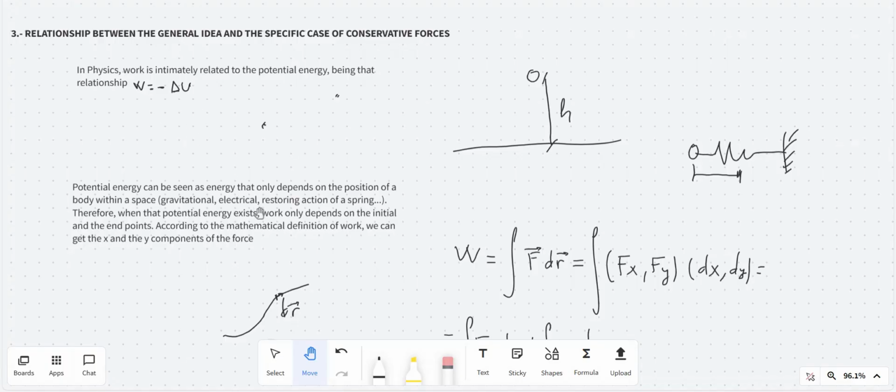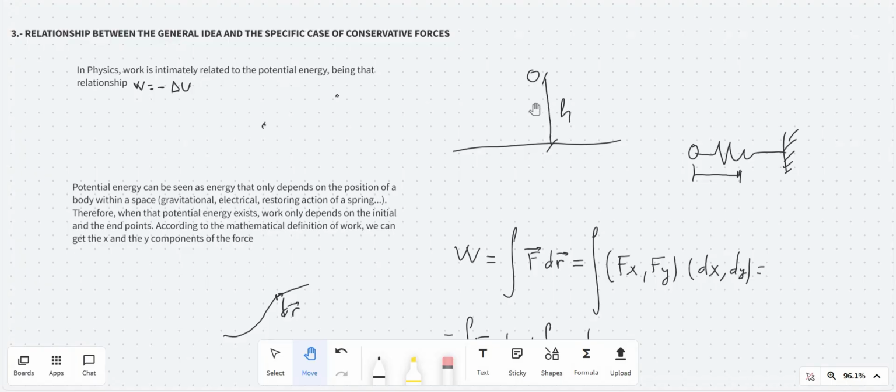Before explaining that, let me explain some concepts very briefly, okay? First of all, in physics, work is equal to minus the difference in potential energy. In some scenarios in physics, for example, when you have a ball at some distance with respect to the floor, the energetic situation of that ball can be partially described with potential energy.